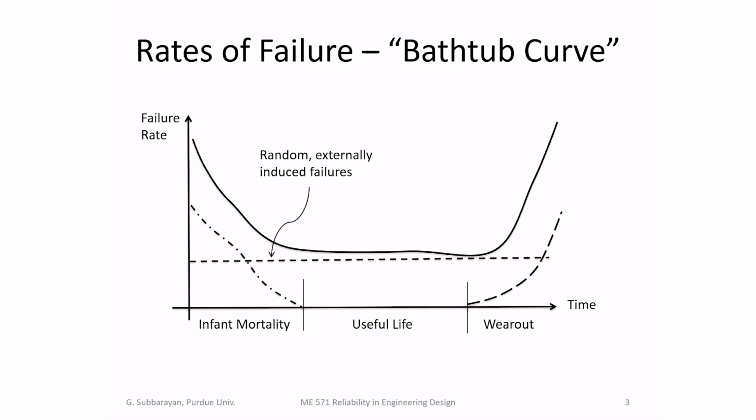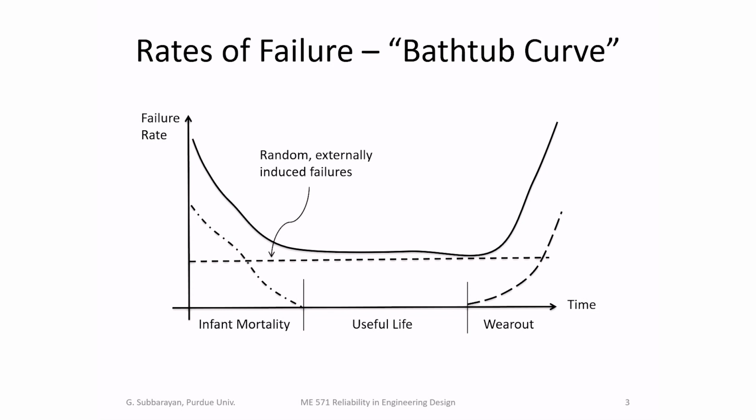As these defects cause failures, and as you exhaust all the defective parts that have escaped to the field, your rate of failure will decrease. Then you reach the useful life portion. Then as you reach the limit of your design, you start seeing increased failure rates, and that is the wear out portion. So you see this empirically.